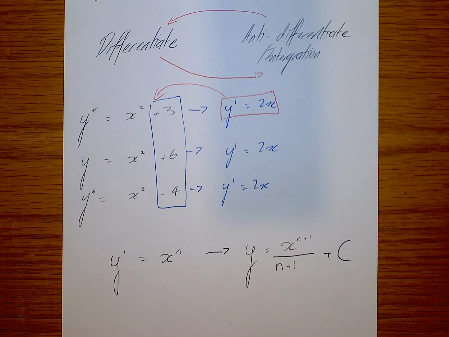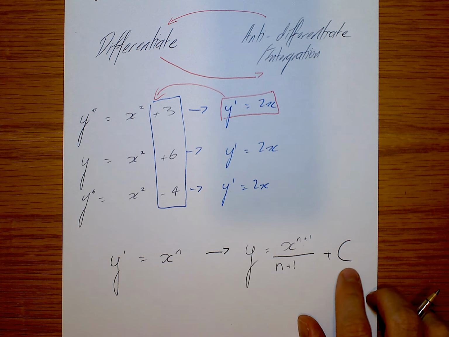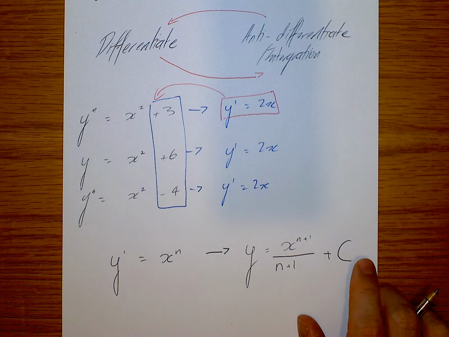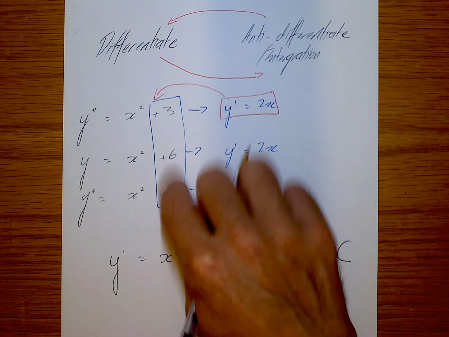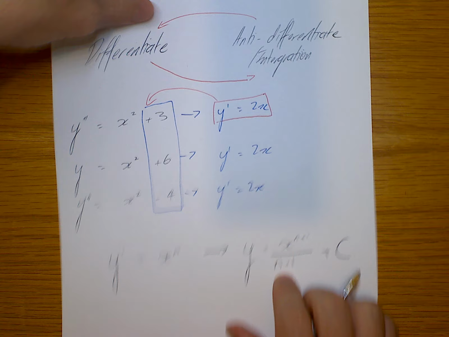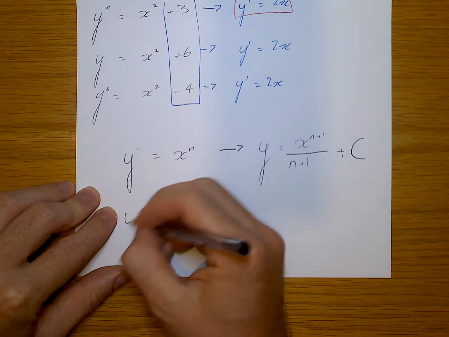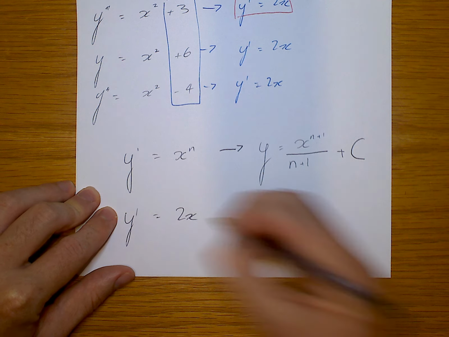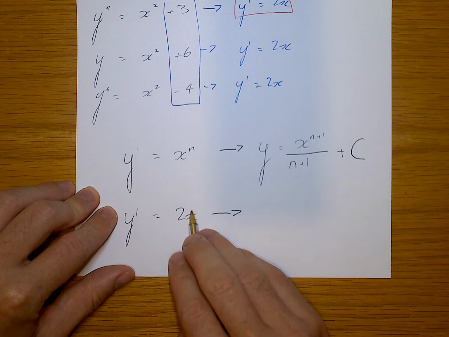Now, I want to show an example of how this works, specifically with these very easy ones. The placeholder question I'm going to get to later, but you've just got to reserve this spot for any numbers that could appear. You just need more information. But let's do this one real quick. If my y dash is 2x, to get it back to its original function, there's a 1 here.